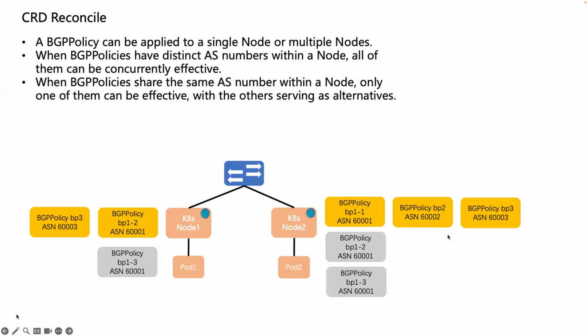On a node, BGP policies with distinct AS numbers can be effective at the same time, but for BGP policies that have the same AS number, only the first one will be effective, and the others serve as alternatives.